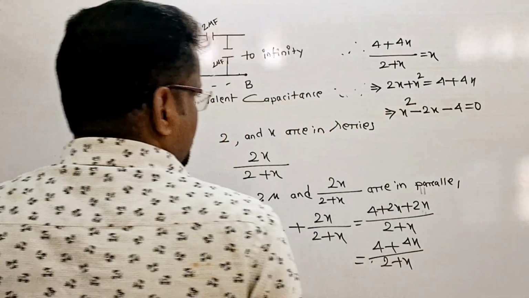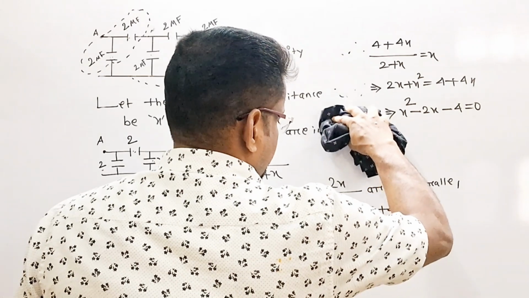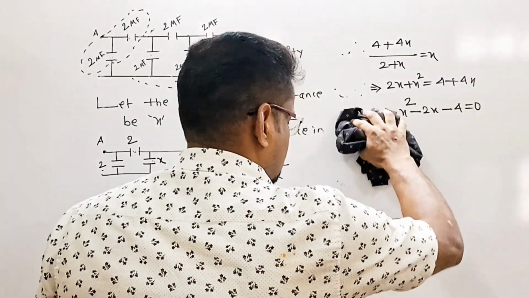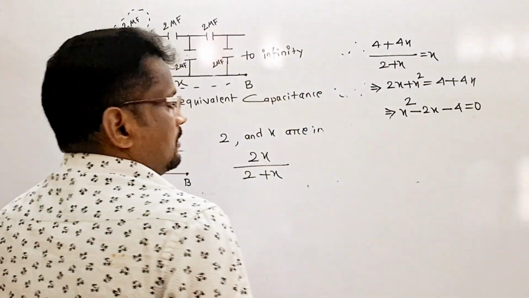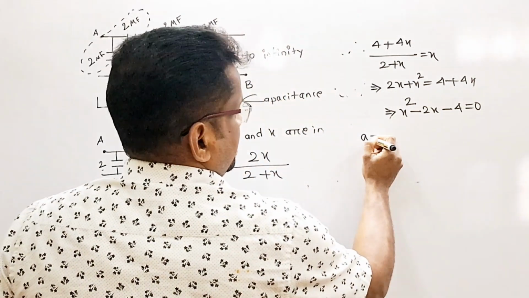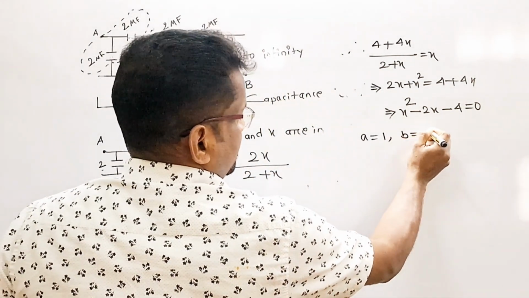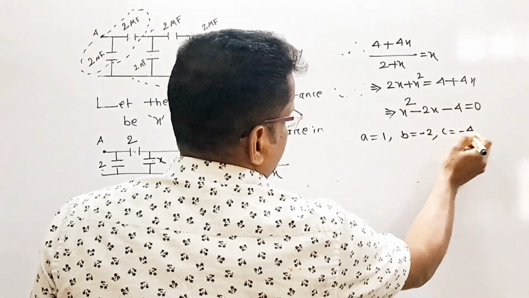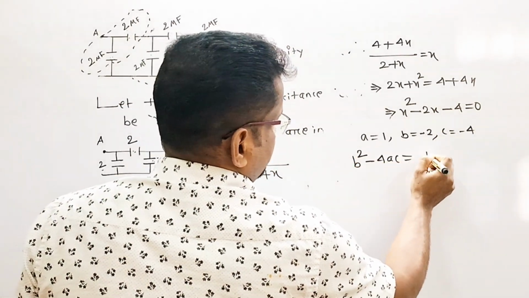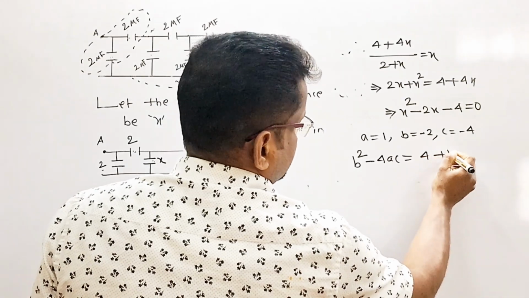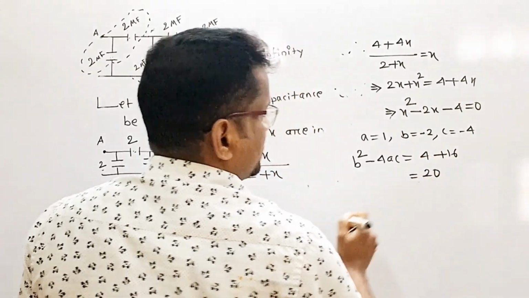Here A is 1, B is negative 2, C is negative 4. Calculate the discriminant, B squared minus 4AC, that is 4 plus 16, that is 20.